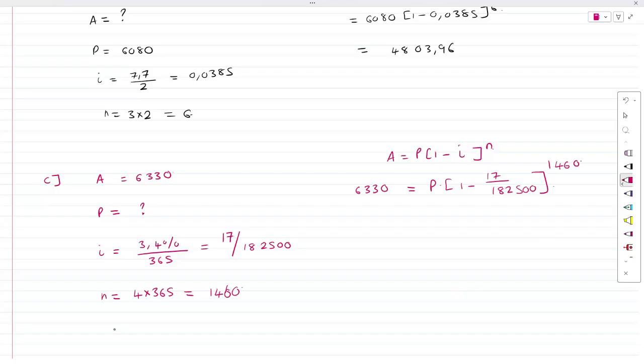If we simplify this, this is 1 minus 17 over 182,500 to the power of 1460.